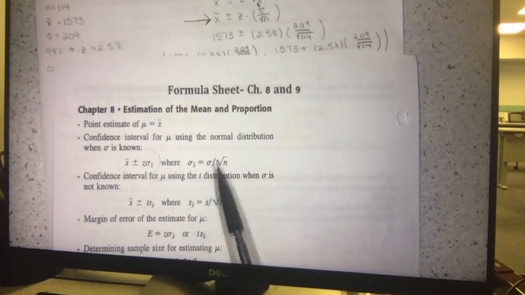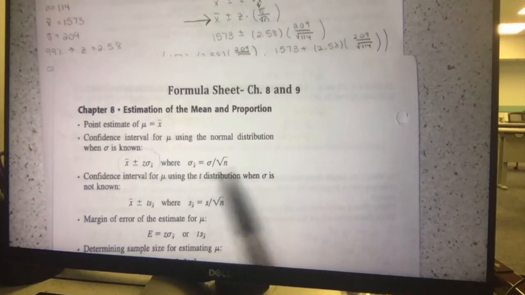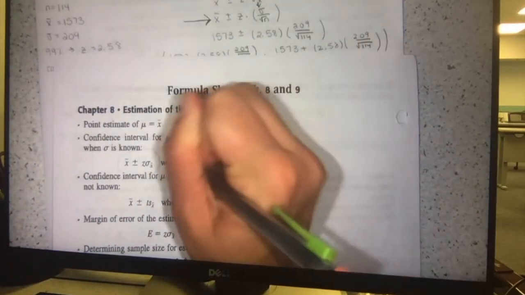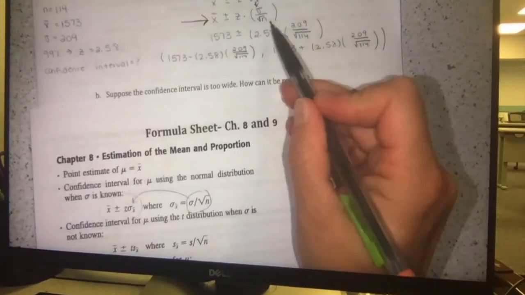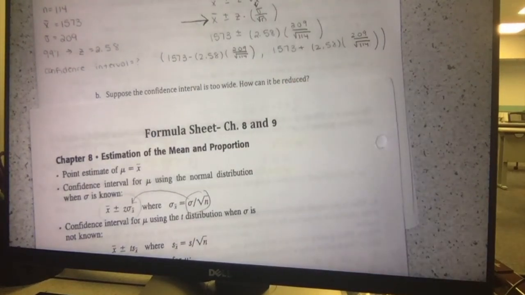Well, I don't want to plug in this piece and then plug in this piece. I just want to plug everything into one organized formula. Honestly, I don't really like the way this looks, but they want you to take this and plug it in here. And that's what we did. We just put it together in one big formula, if that makes sense.